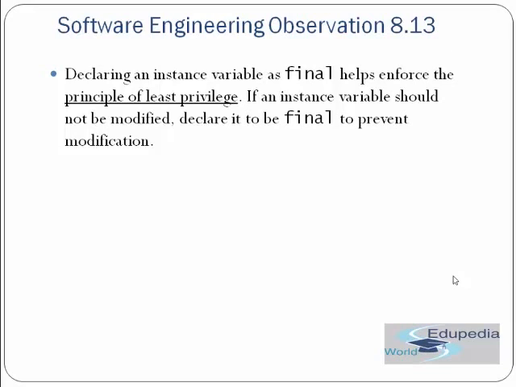If you want to give least privilege to any variable and you are sure that this instance variable's value will not be modified any further, then you can do it by declaring it final. Just for an example, if you are to calculate the area of certain circular things and there's a value of pi, then the value of pi is stored in a particular variable, but you want to keep it constant and you are not ever changing it.